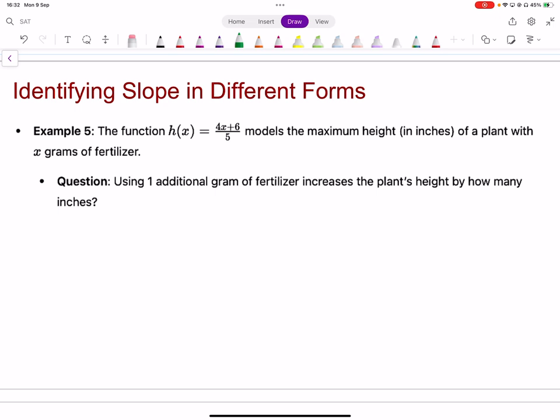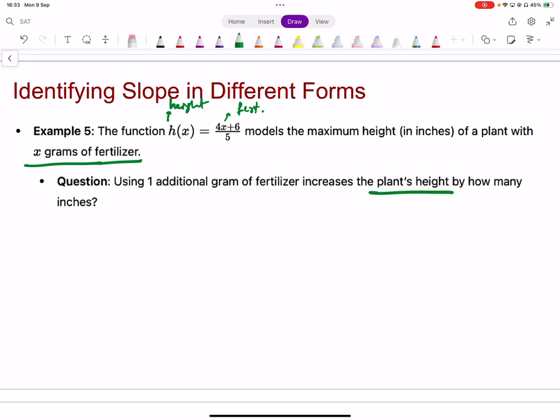Now, what makes this question a bit complicated is the use of these products like fertilizer, plant's height. You have to simplify it by making sure that you clearly connect it to this equation. X grams of fertilizer. So X represents fertilizer and H represents height.